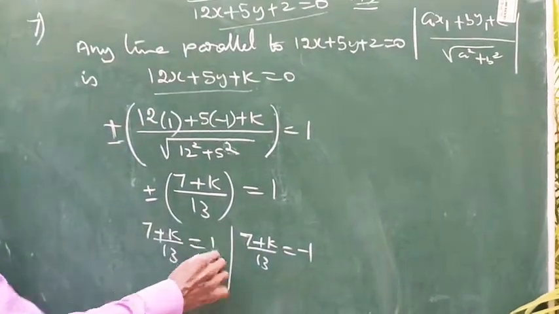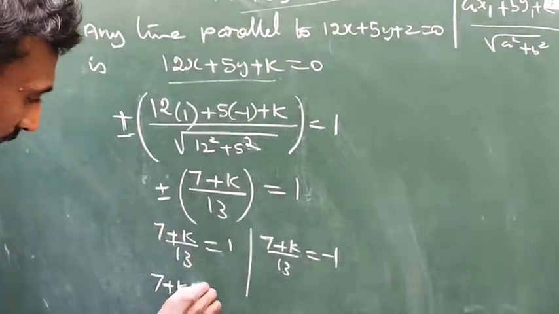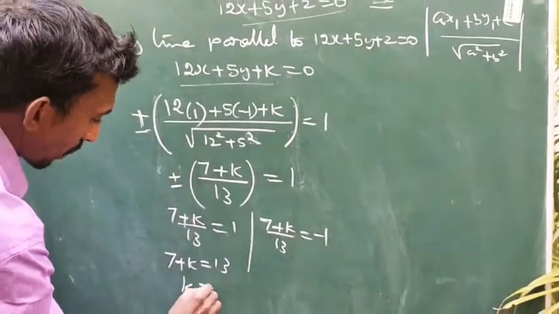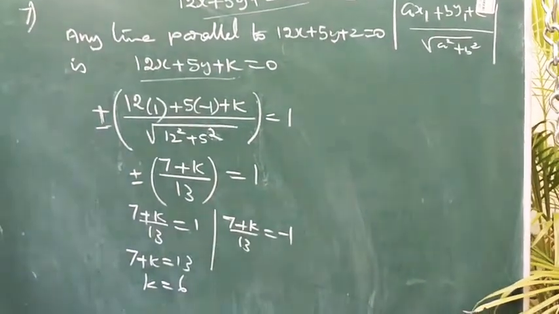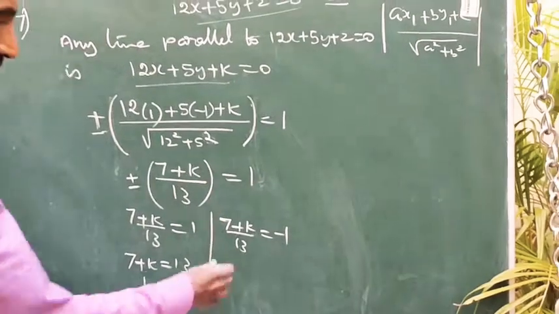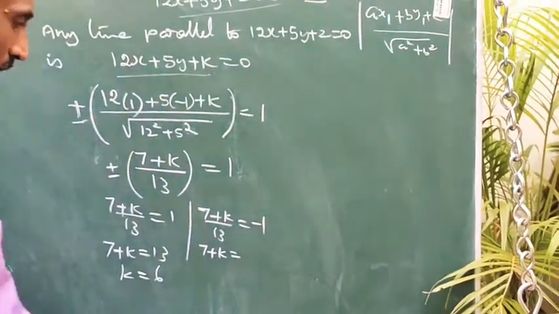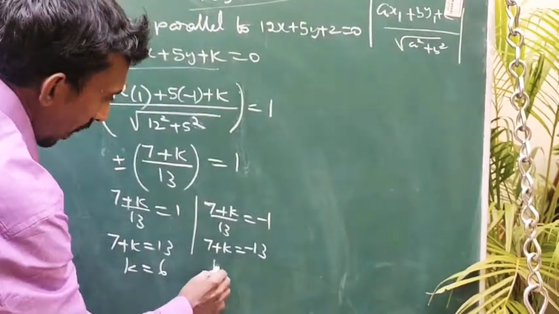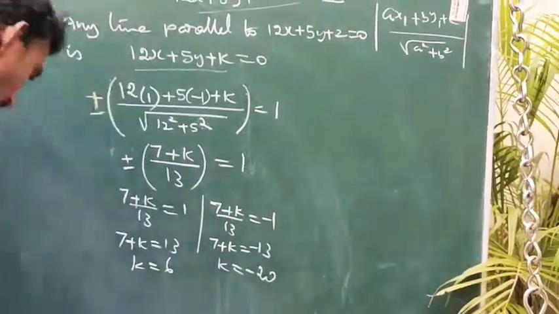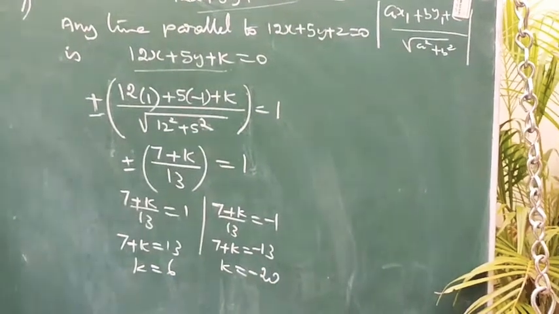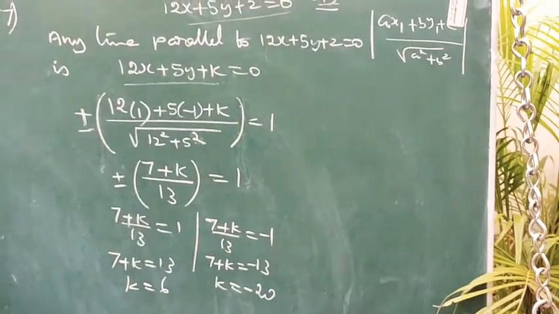So 7 plus k equal to 13, k equal to 13 minus 7, that is 6. Or 7 plus k equal to minus 13, so k equal to minus 20. So either k equal to 6 or k equal to minus 20.